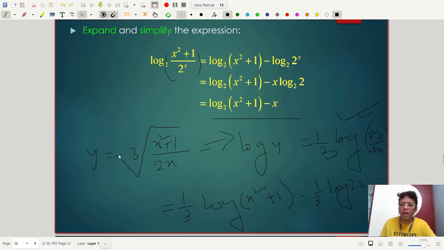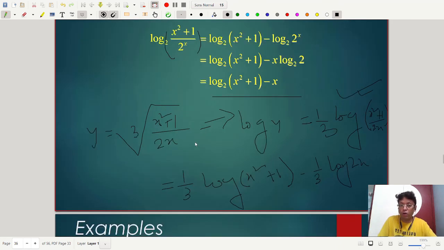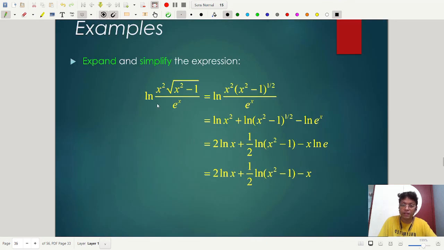Okay, so this is a very complicated expression, but a very complicated expression in a function can be simplified using log. Look at that. This is ln. Ln means e base. So you have already taken log of this, and you can simplify using this.